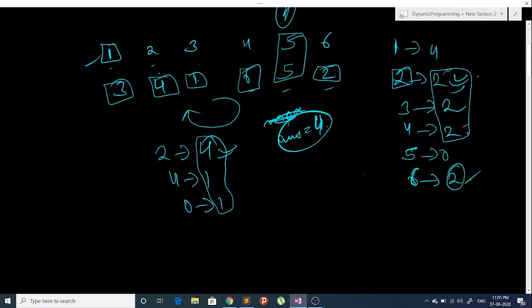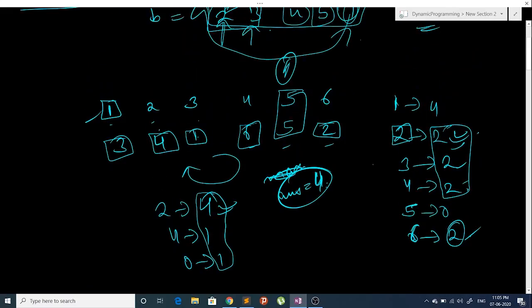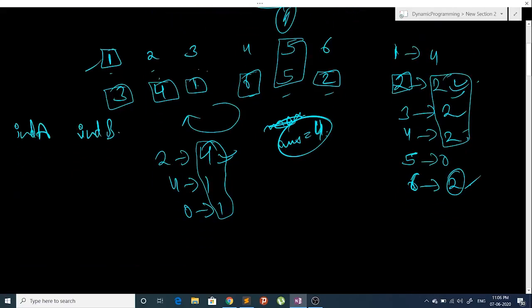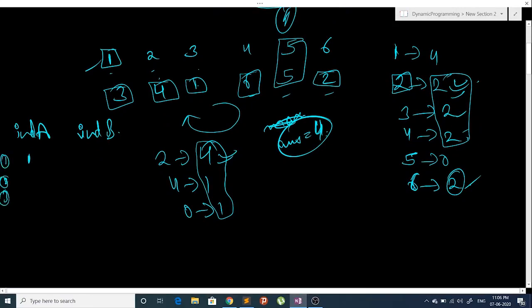So how can I implement this solution? What I can do is take two index arrays, index A and index B, and in index A I'll have the indexes of all the elements of array A. So 1 will have index 1, and 2 will have index 2, up to 6.